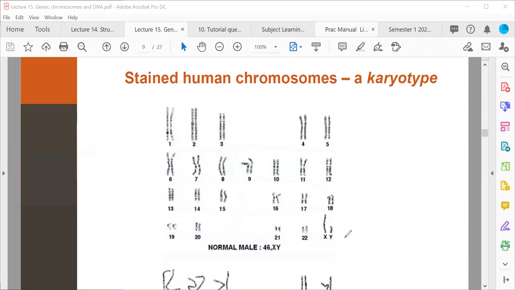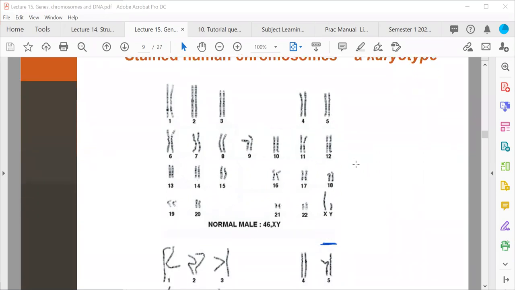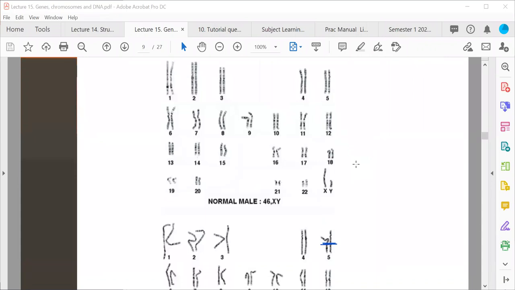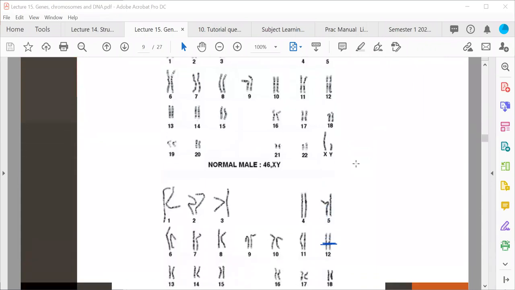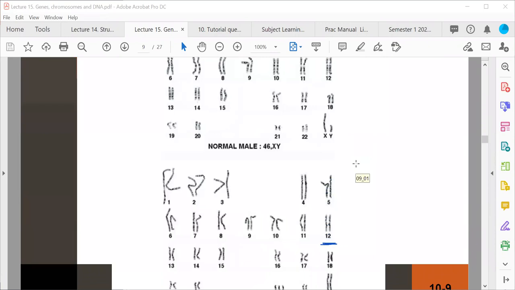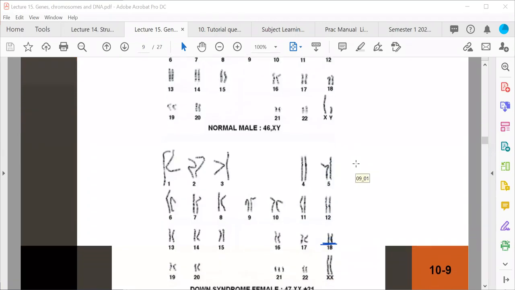All right, the sex chromosomes. Males have one X and one Y chromosome, and these, of course, determine maleness. On the other hand, if we look at a karyotype for a female, here's the karyotype for a female.